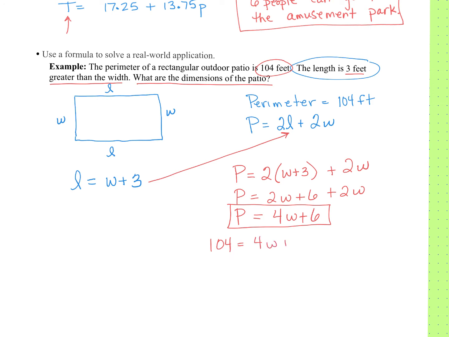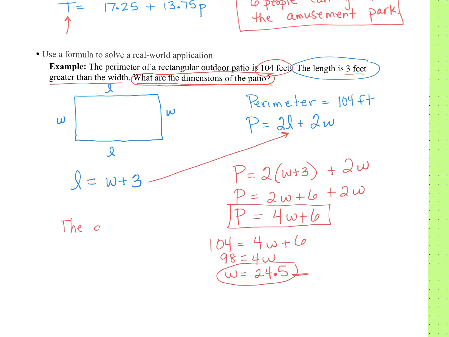So 4W plus 6, and we'll solve. 104 minus 6 gives us 98 equals 4W. And our W is 24.5. Now, the question, and this is why we answer in a sentence, is what are the dimensions of the patio, not W. And this doesn't have any units.